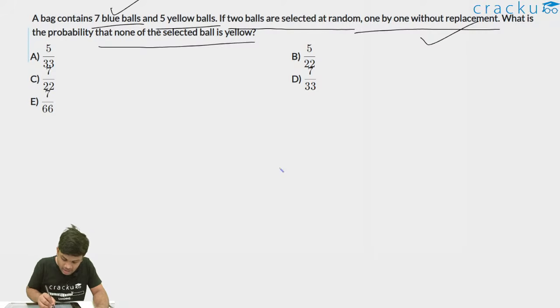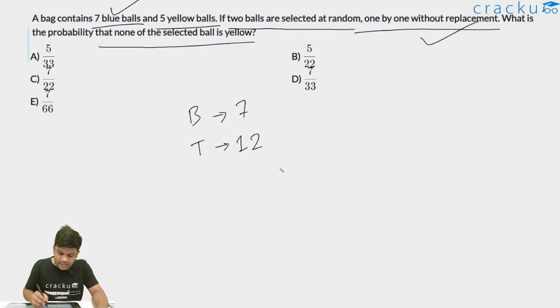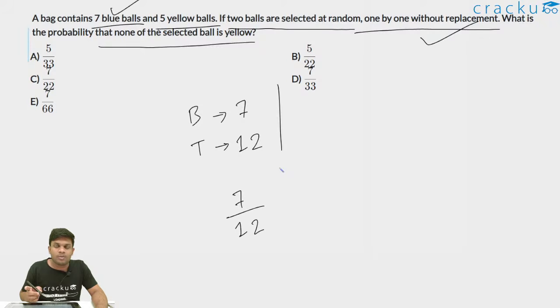So initially blue balls are 7 and total balls are 7 plus 5, 12. In the first case, when the first ball is taken out, the probability that the ball is blue is 7 by 12. Now the first ball is removed and it is not placed back.